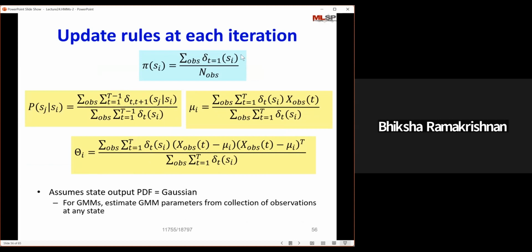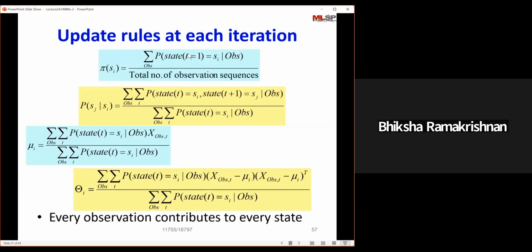So delta t equals 1 Si simply becomes the posterior probability that the process was in state Si at time t1, time 1, given the observation sequence.